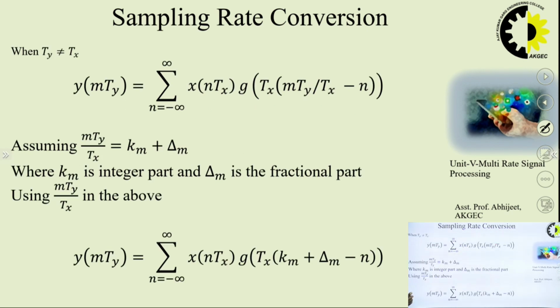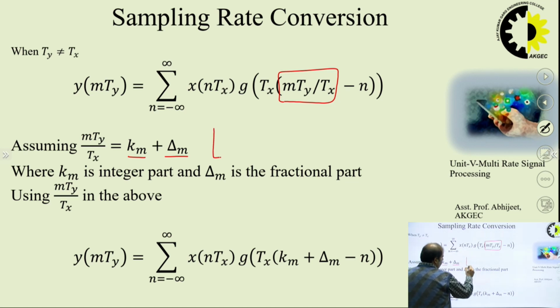But when Ty is not equal to Tx, then what happens? I can take Tx common from that relationship and frame mTy by Tx as km plus delta m, which we have taken from the Proakis text itself, where km is the largest integer less than or equal to mTy by Tx.